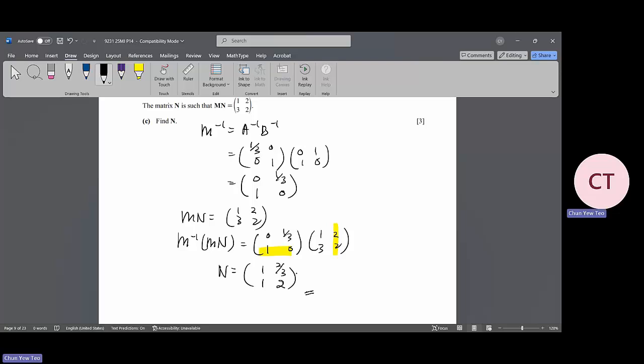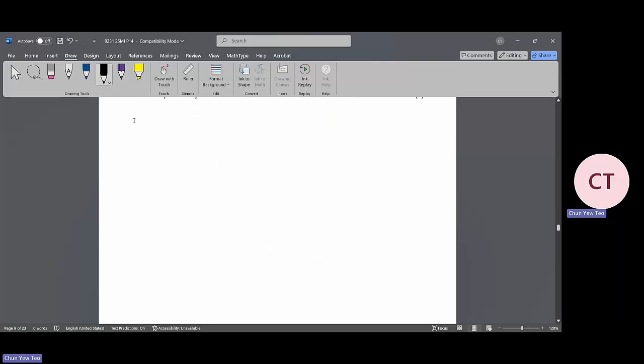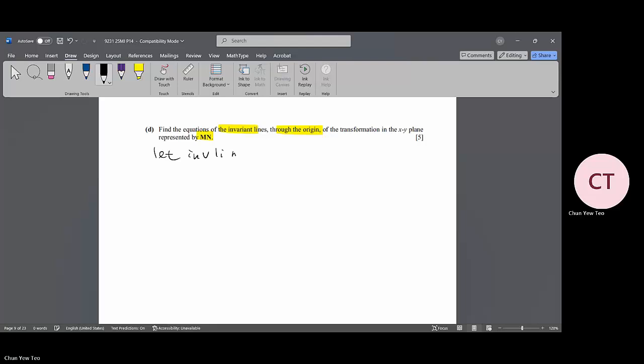So now we move on to question 5D. Find the equations of the invariant lines through the origin of the transformations in the xy plane represented by Mn. So we let our invariant line be y equal to mx.